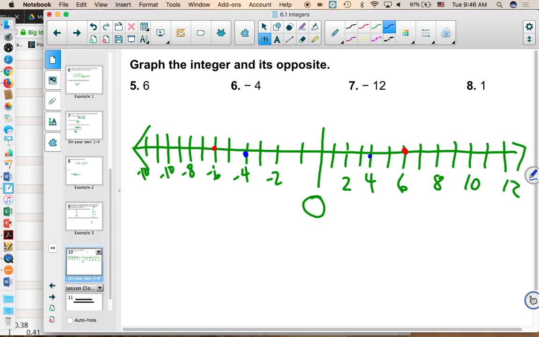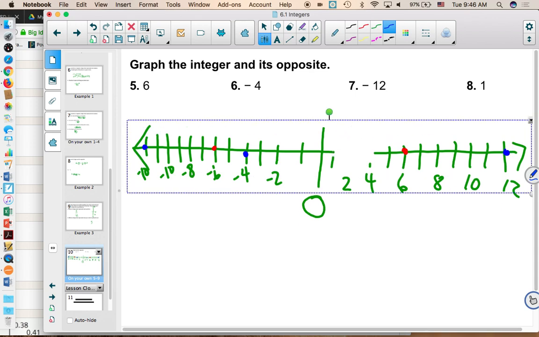I want -12 and its opposite. Somebody that's not been to the board. Who has not been to the board yet? 1 and its opposite.